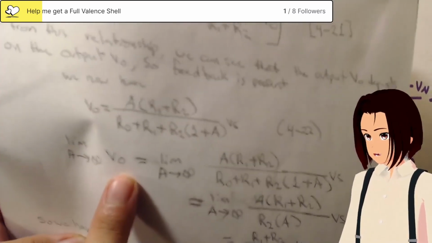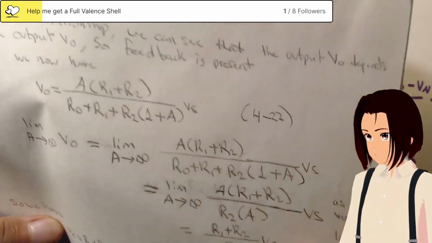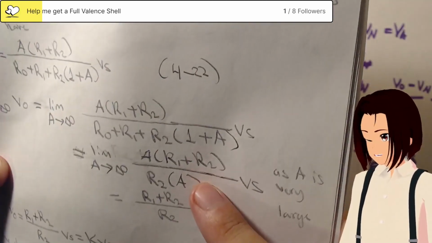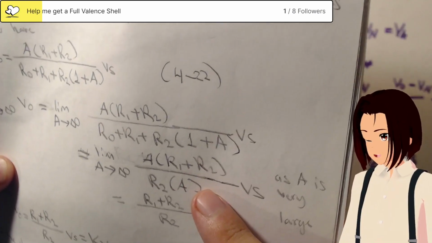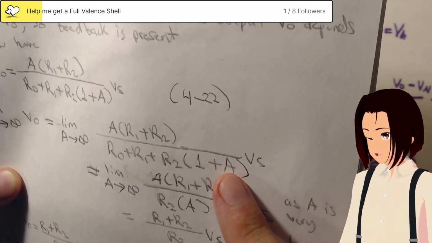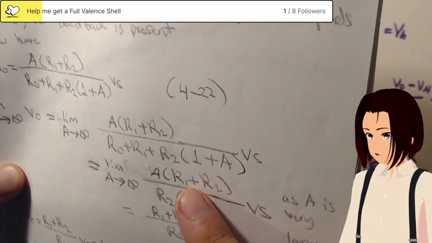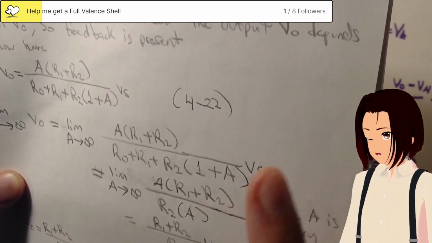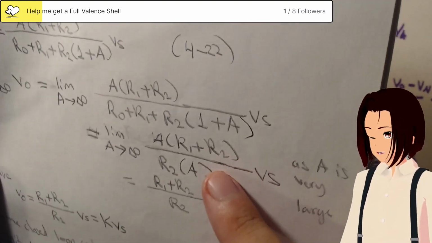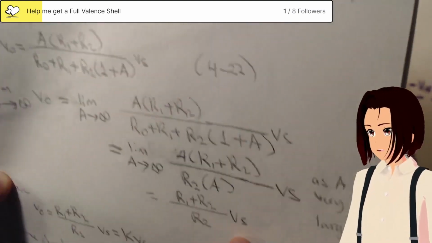As A goes to infinity, you divide and get R.